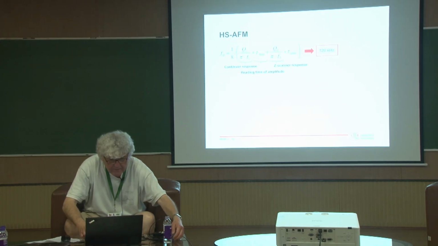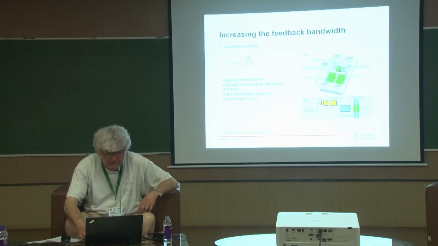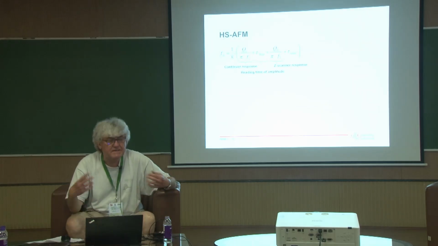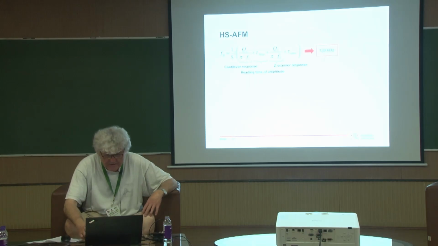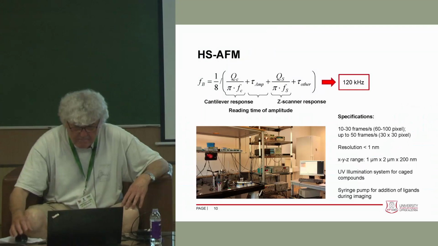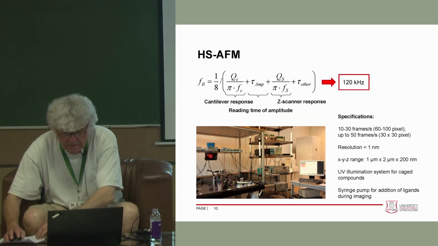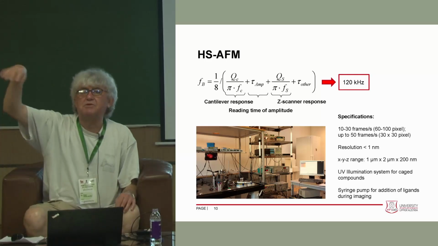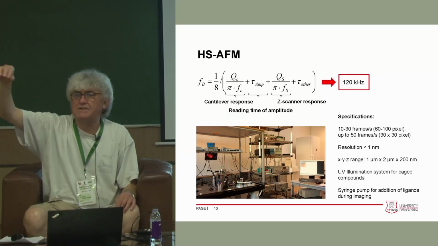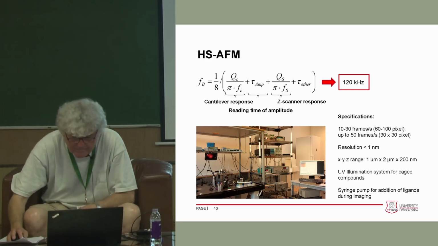All right. So this now gives the system a bandwidth of 120 kilohertz. So that is the standard now. So kind of 10 to 30 frames per second. Resolution is better than 1 nanometer. Of course, what is also the advantage, you don't have so much drift problems because the scanner drift is slower than the scanning rate.